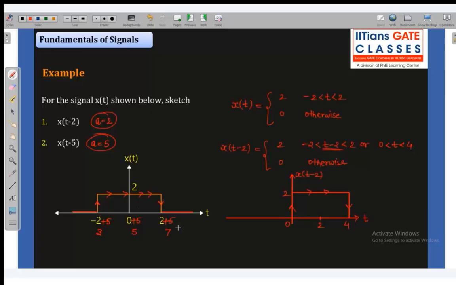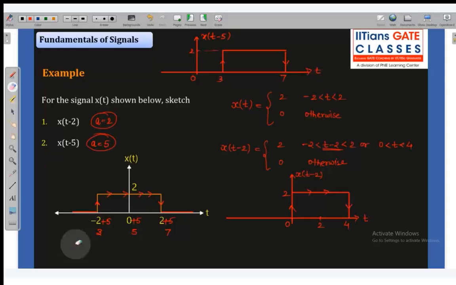So it will start from 3 and go up to 7. So at 3 it is going upward and at 7 it is going downward. So this is 3 to 7, x of t minus 5, and the value is 2.